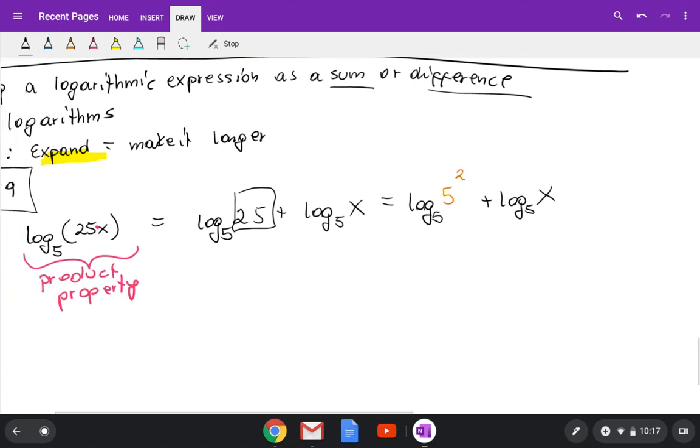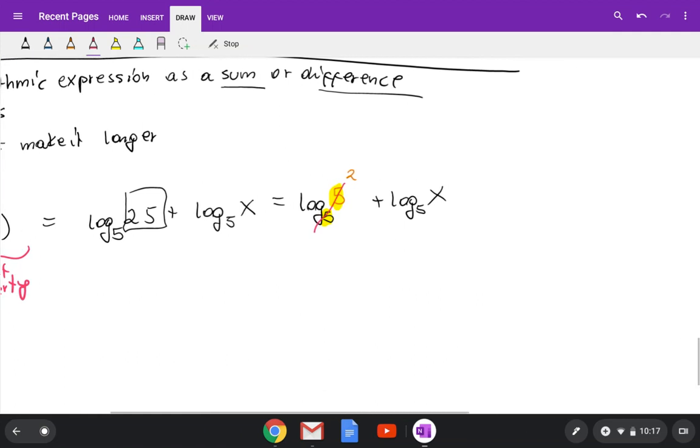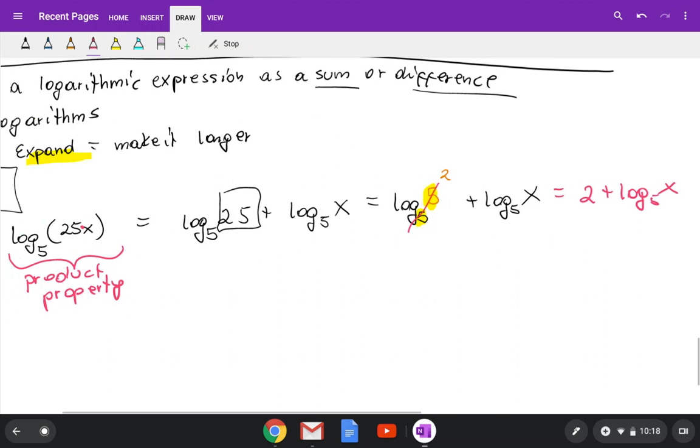Now I'm using the property when the base of log is the same as the base of exponential. What that means, they will cancel each other or they undo each other. So the remaining power, it's the answer. So we're getting 2 plus log base 5 of x. Okay, so which property did I use here?